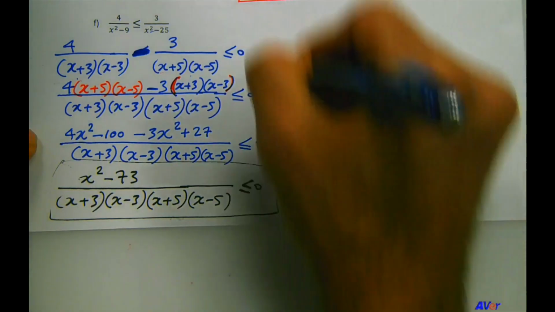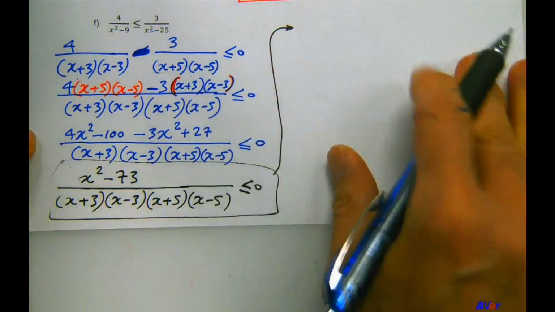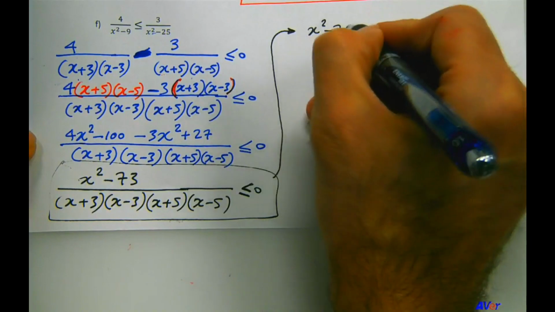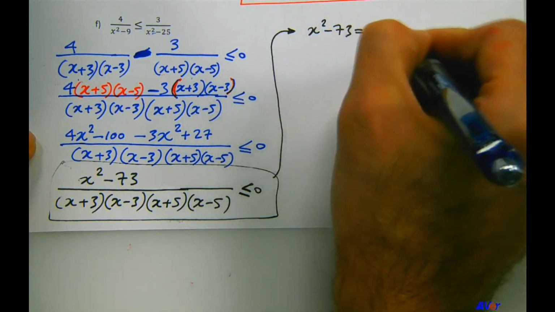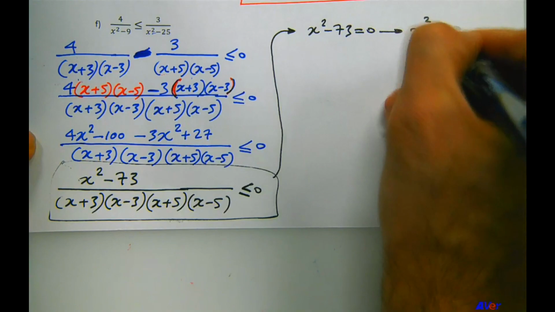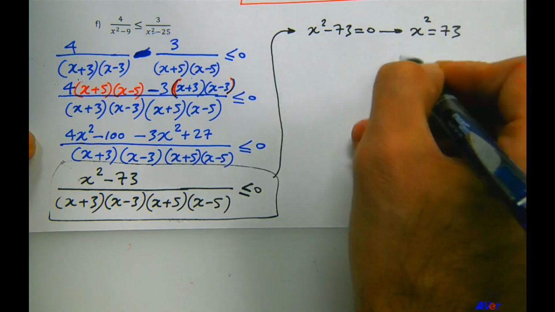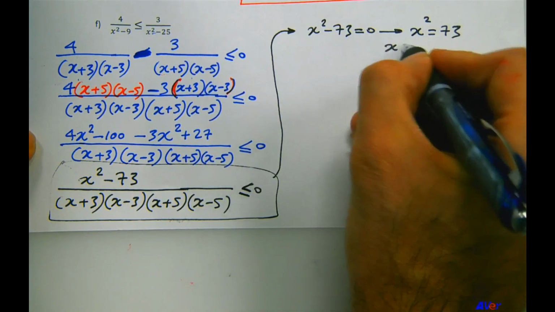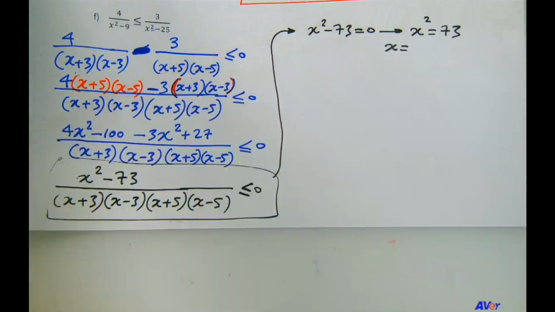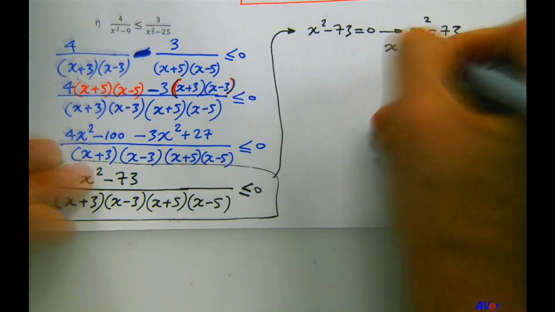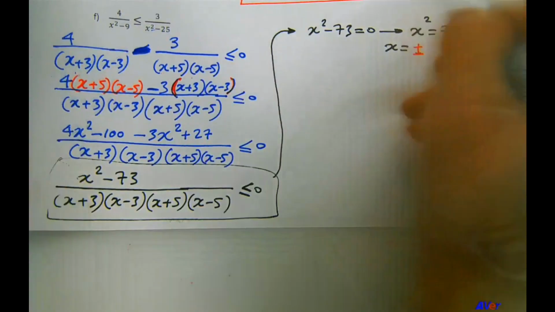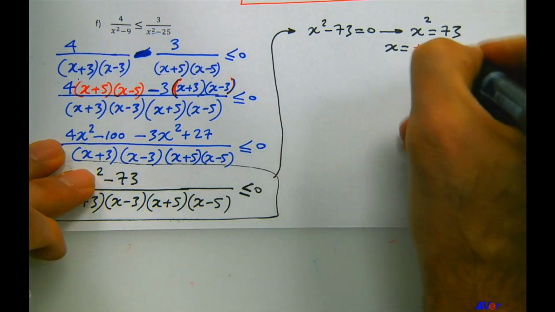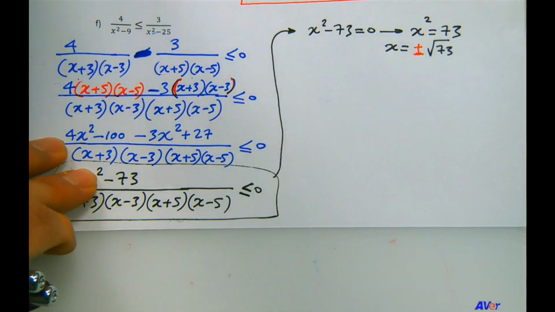So from here to here, x squared minus 73 equals 0. So that means x squared equals positive 73. So that means x is equal to plus or minus square root of 73. Let's see what that number is.